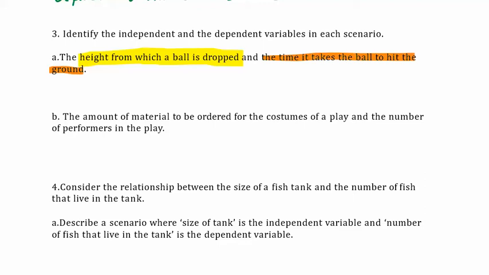If you could manipulate one of these two things and change it, you would probably manipulate the height at which you drop the ball, and then the time would depend on that. Okay, so in this case, the height is the independent variable. And the time is the dependent variable.